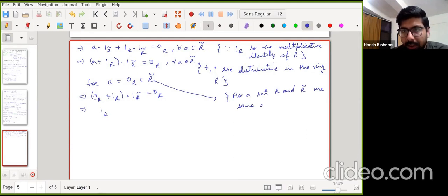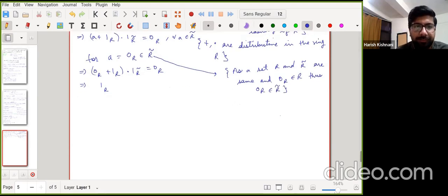And 0 R is the additive identity of the ring R. Thus, 0 R must be there inside R tilde as well. Okay, so we have 0R plus 1R dot 1 of R tilde is equal to 0 of R. Now 0R plus 1R is going to be 1R.